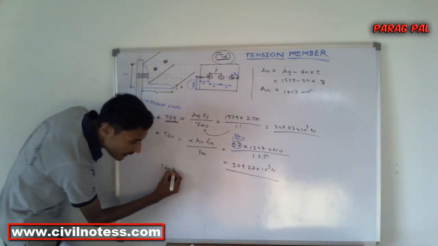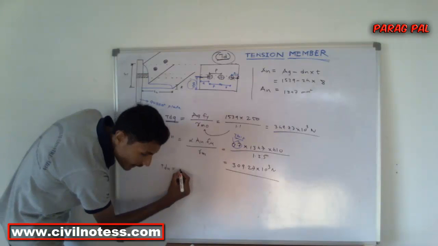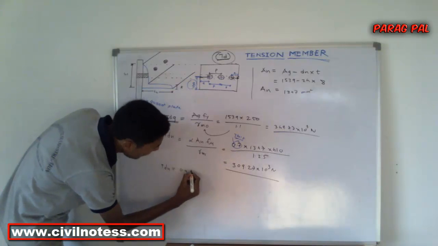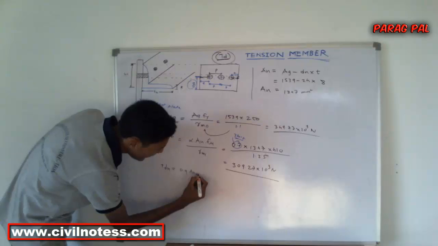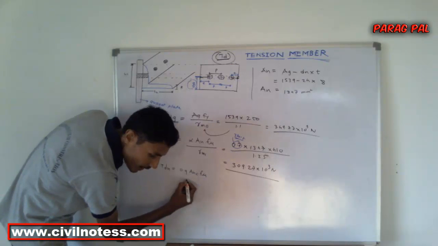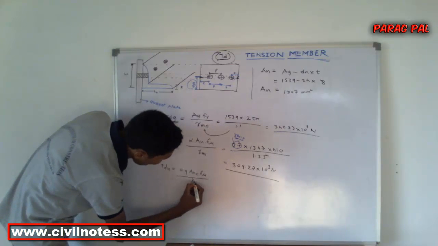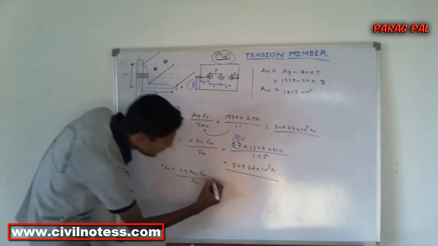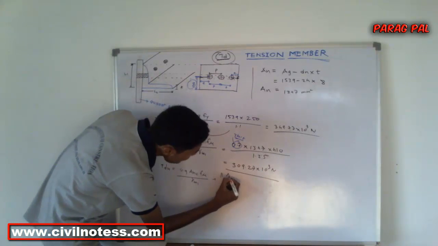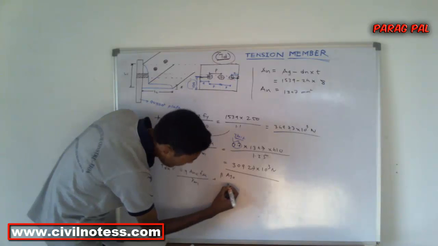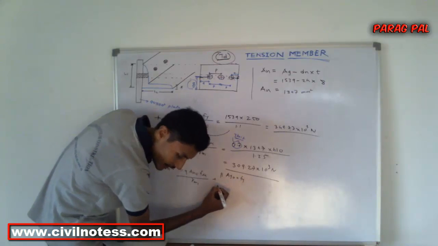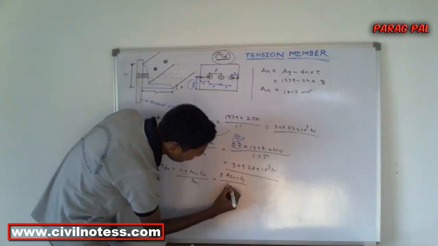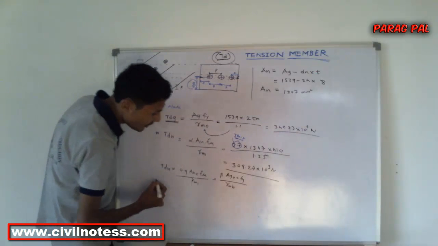There is also the main formula for TDN. TDN equals 0.9 ANC into Fu, upon gamma M1, plus beta into AGO, multiplied by Fy divided by gamma M0. So this is the exact relation.